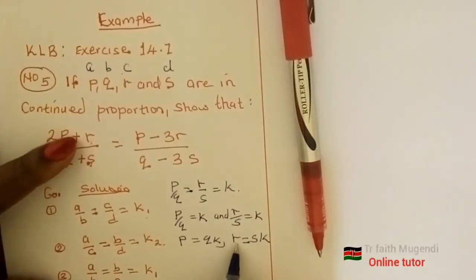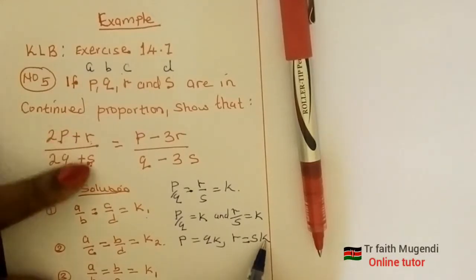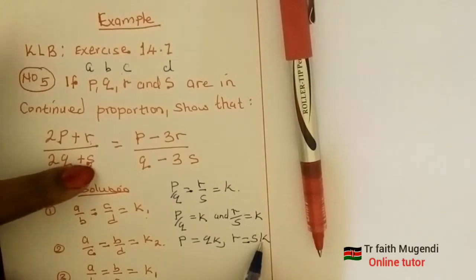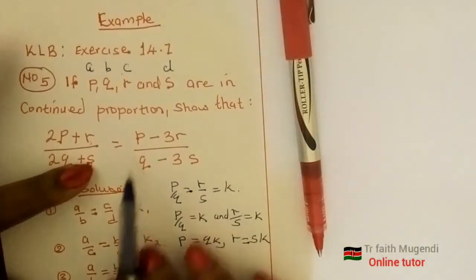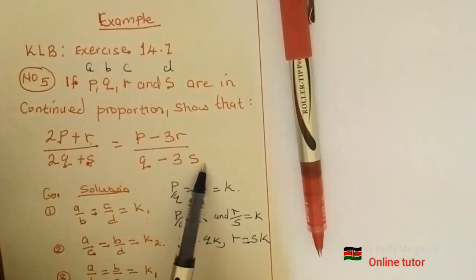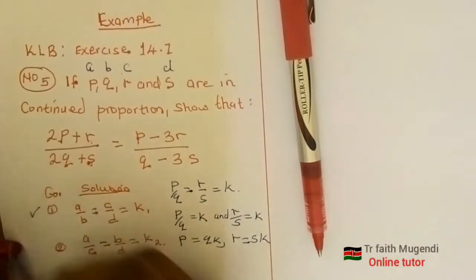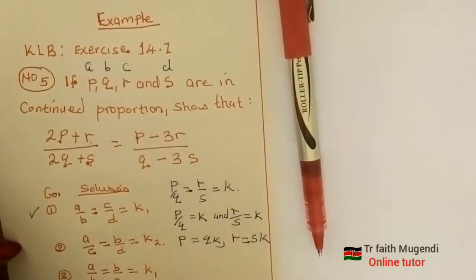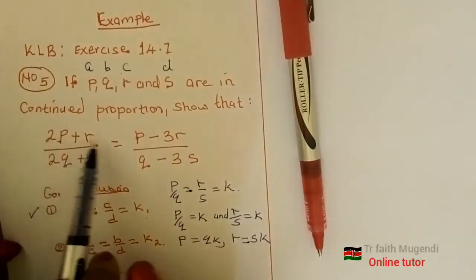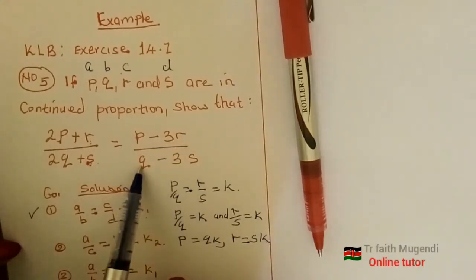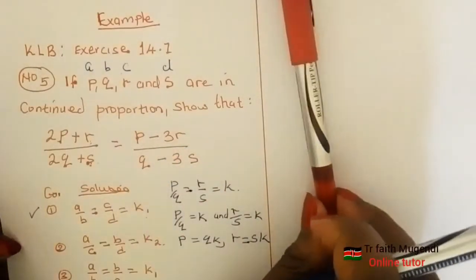If we take R, it will be equal to SK, then this R, which is now SK, will correspond with this S. If we do the same for P, QK, Q, 3R, then it shall be SK, 3S. So this principle is the one that is going to help us prove that (2P + R)/(2Q + S) is equal to (P - 3R)/(Q - 3S).